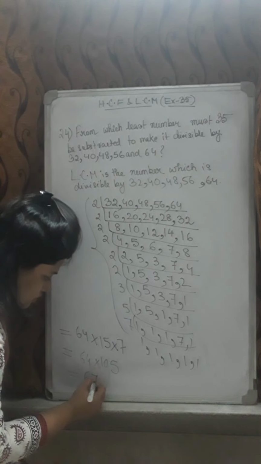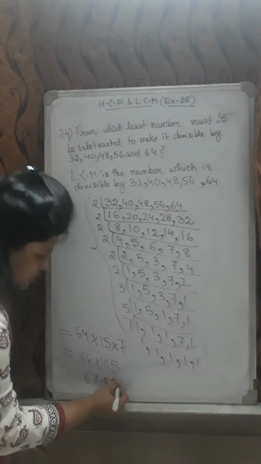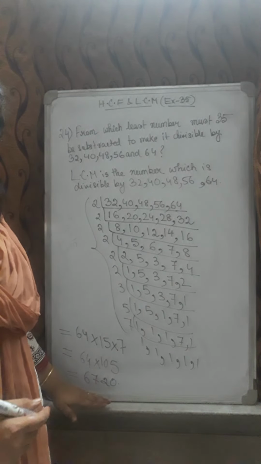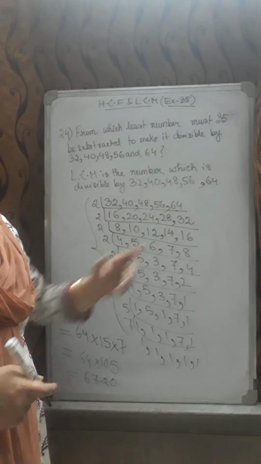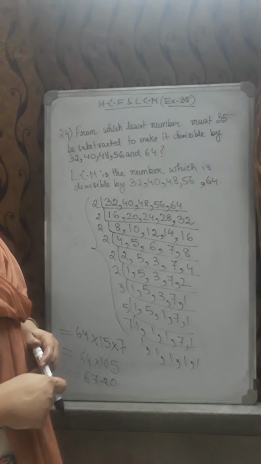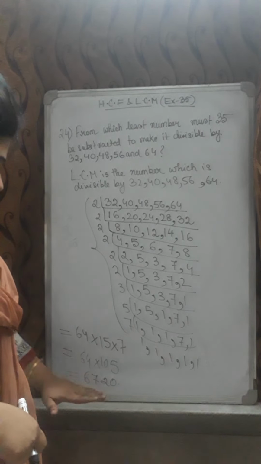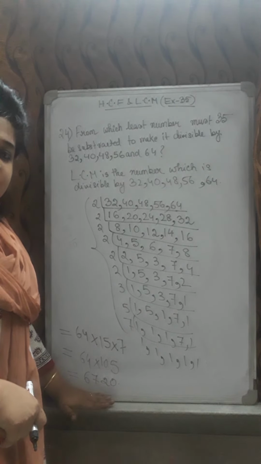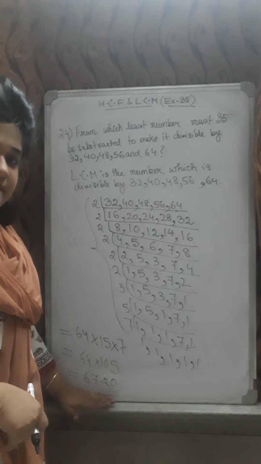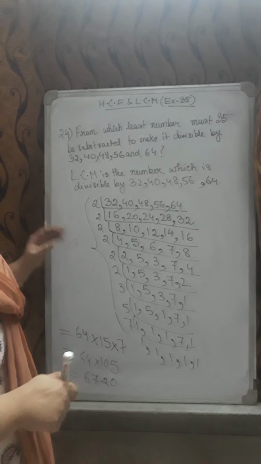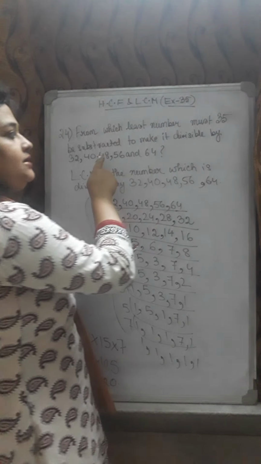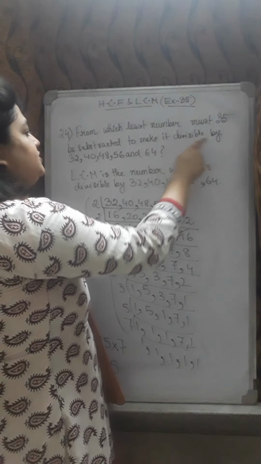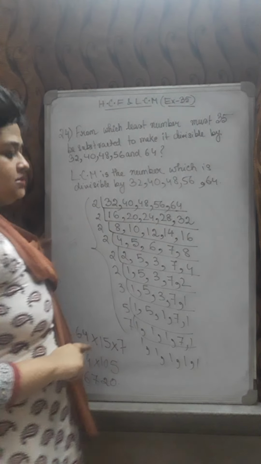So the ultimate value is 6720. This is the LCM, or the number which is divisible by all these numbers. Now the question is, from which number should we subtract 35 to make it divisible by all these numbers?